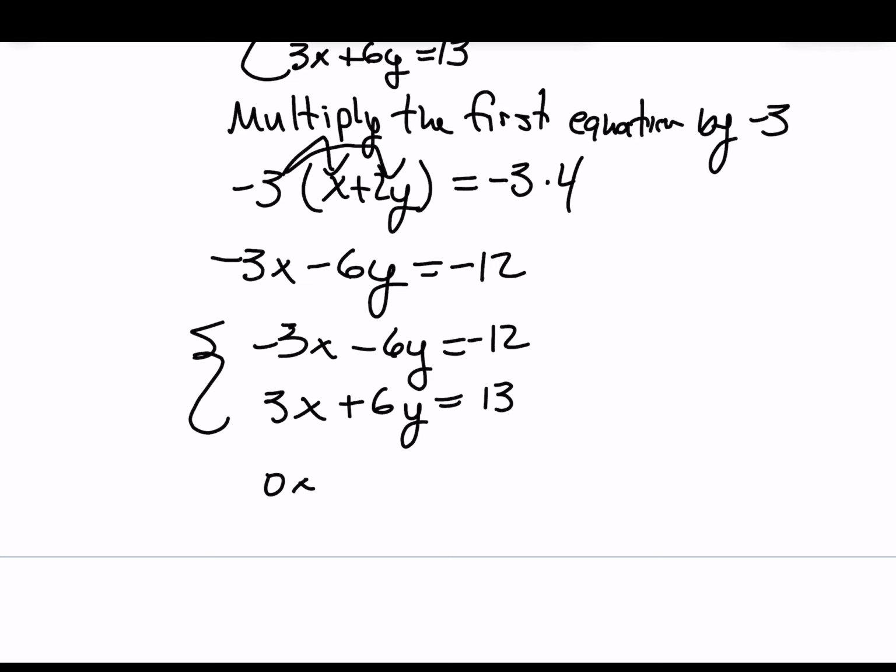So negative 3x plus 3x is 0x, and negative 6y plus 6y is plus 0y, and negative 12 plus 13 is 1. 0x plus 0y is just 0, and we have 0 is equal to 1. Well, when is that true?